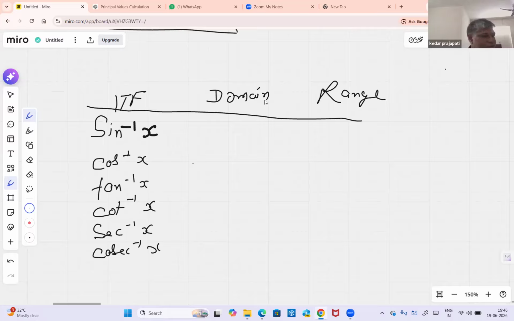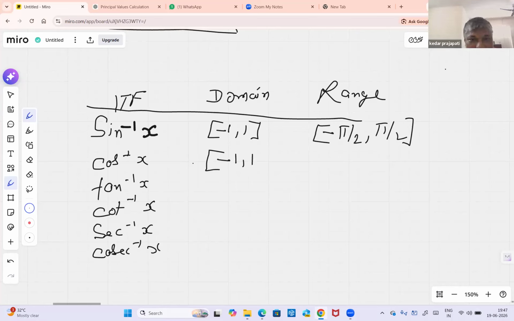So for sine inverse x, we know the domain is -1 to 1 and the range is from -π/2 to π/2. For cos inverse x, it is also the same domain, -1 to 1, and the range is 0 to pi.